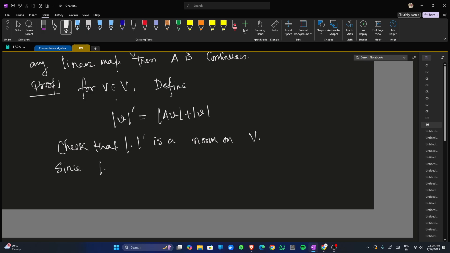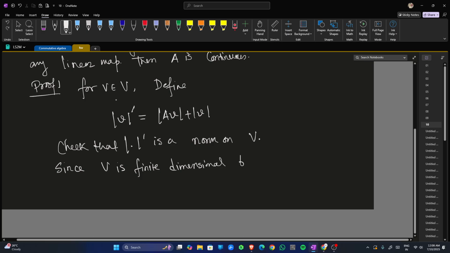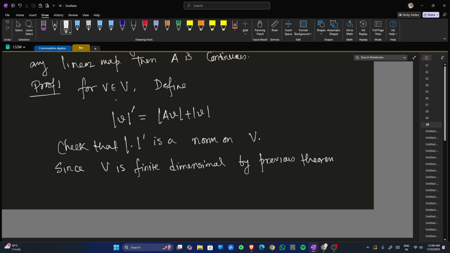Since V is finite dimensional, by the previous theorem, the norms are equivalent.